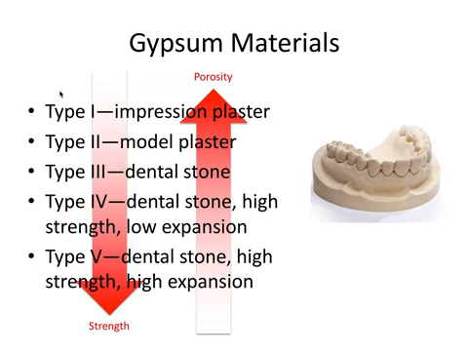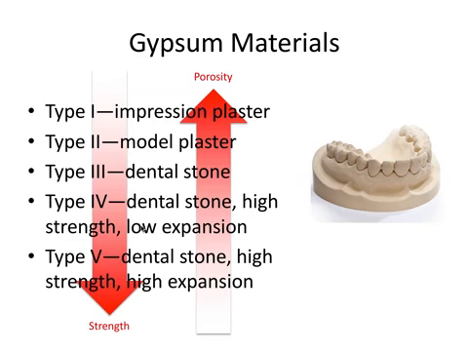So if we could make a general trend here, from type 1 to type 5, we go from weaker to stronger gypsum material. So I have the arrow increasing, with type 5 being the strongest material. In the opposite direction, we have porosity. So the least porous material is type 5, the most porous material is type 1.